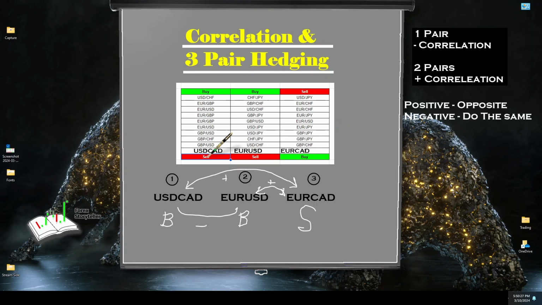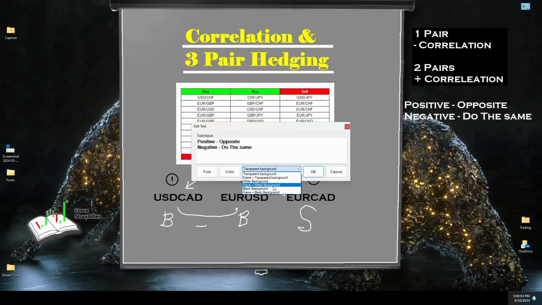So now, if you're looking at these pairs, anytime you're selling the Euro USD, you sell the CAD and buy the Euro CAD. And if you're buying the Euro USD, you would buy the CAD and sell the Euro CAD. So this is the simple formula, the simple rules.